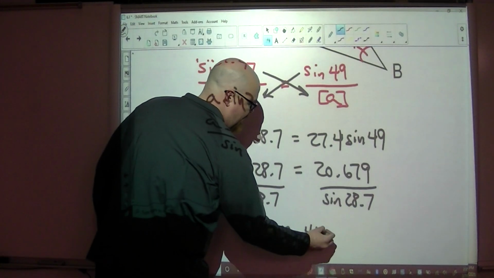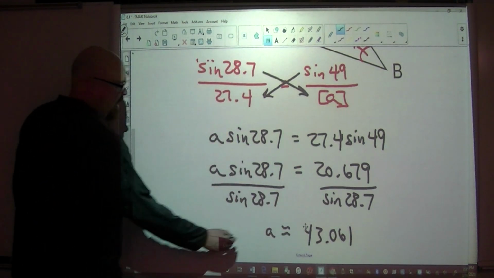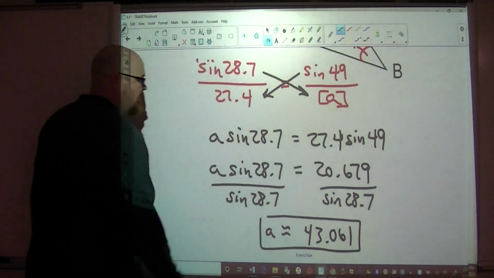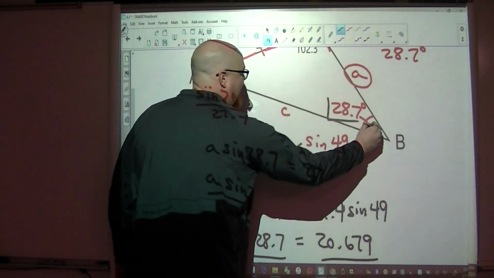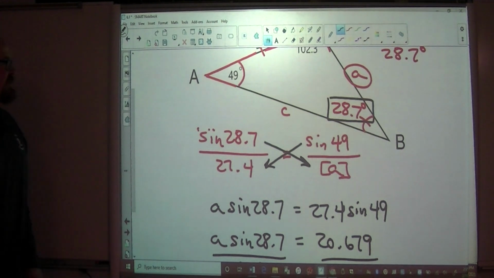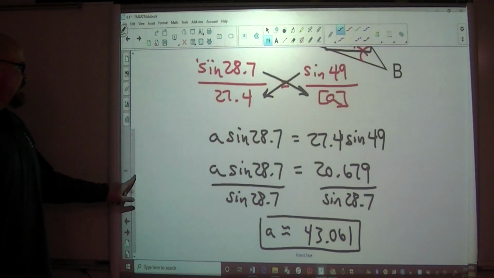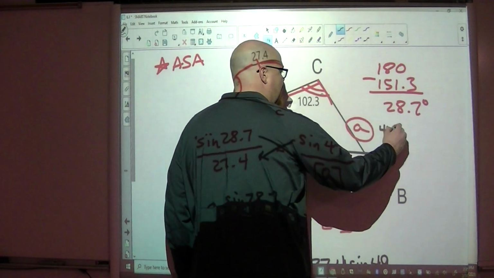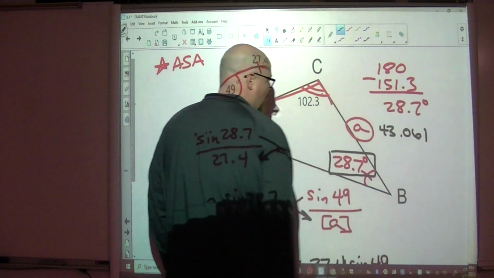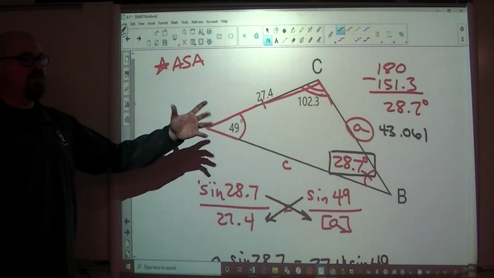Okay, 43.061. So we're in the middle of this problem. I've really only found two pieces so far. I found side A, and I found angle B. But just check real quick, I got 43.061 for side A. So this is 43.061 now.